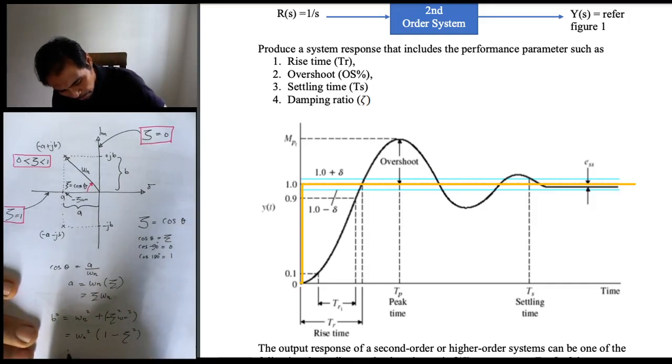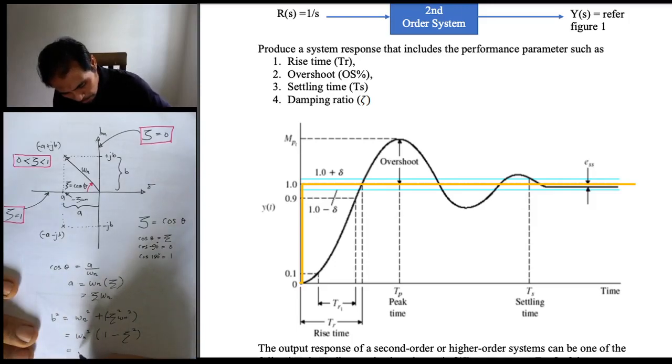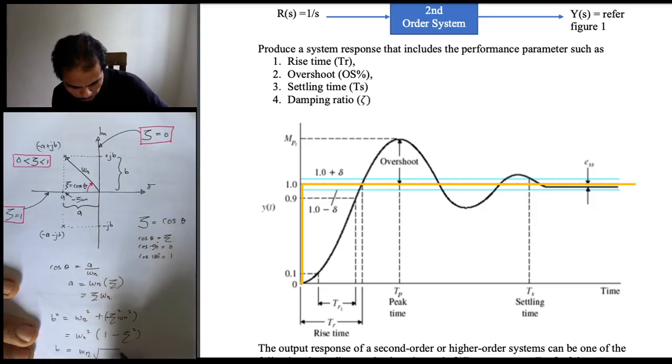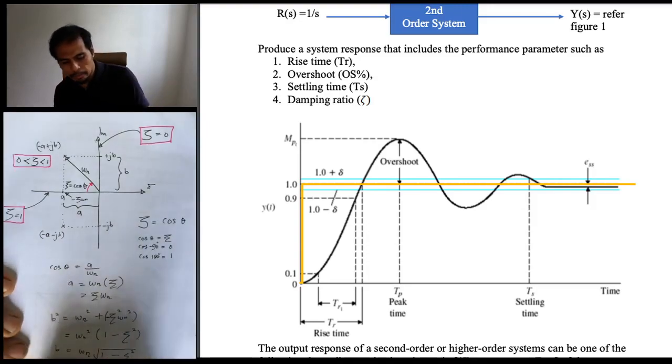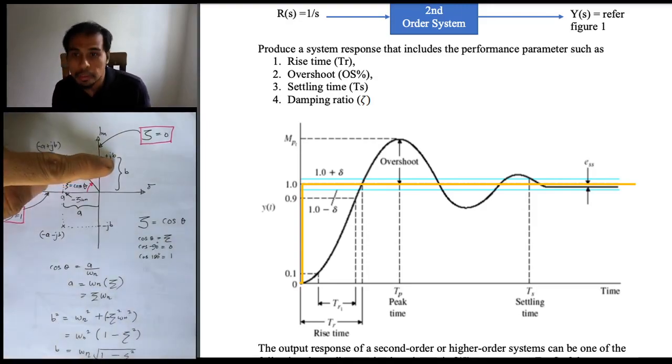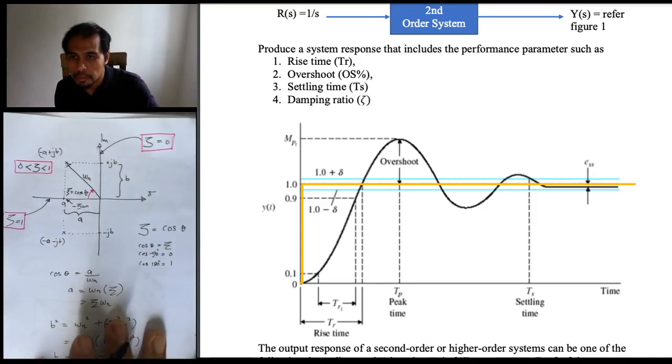Then this omega n, 1 minus zeta squared. Okay, this is our B, alright? So this is our B. You see that?